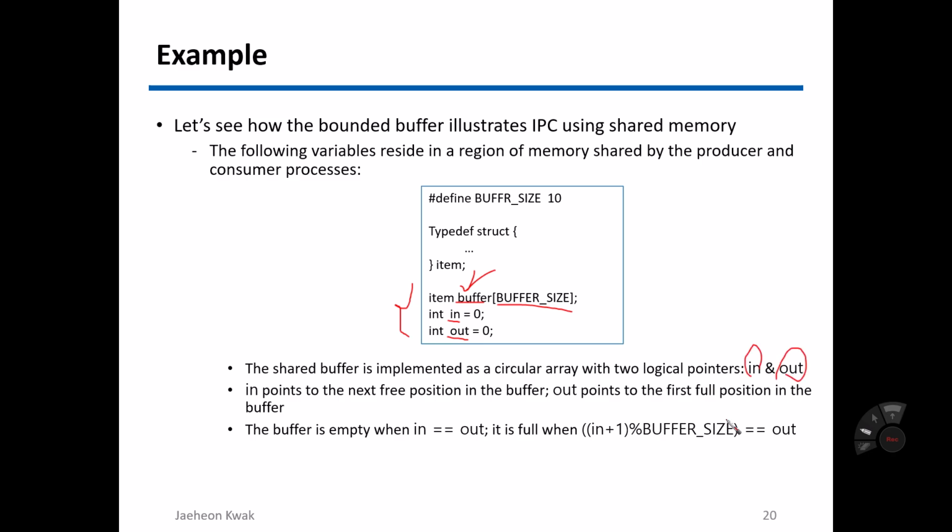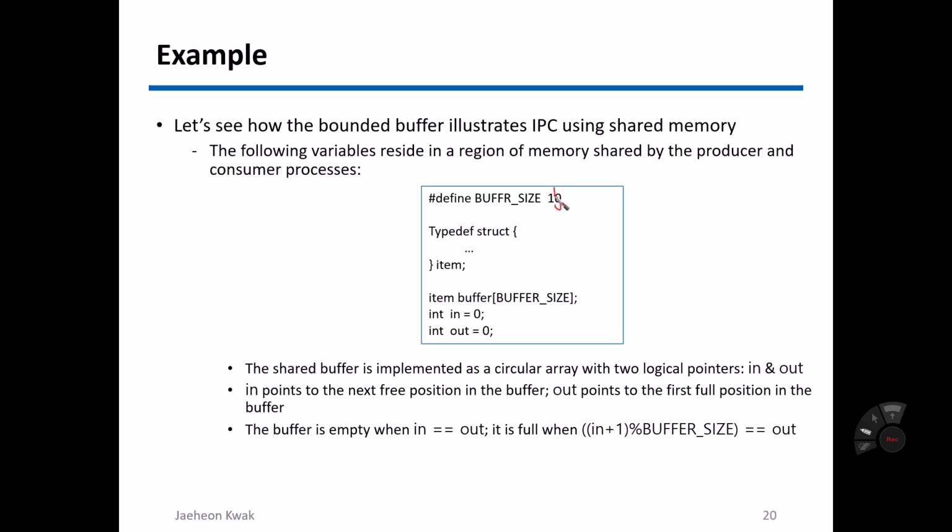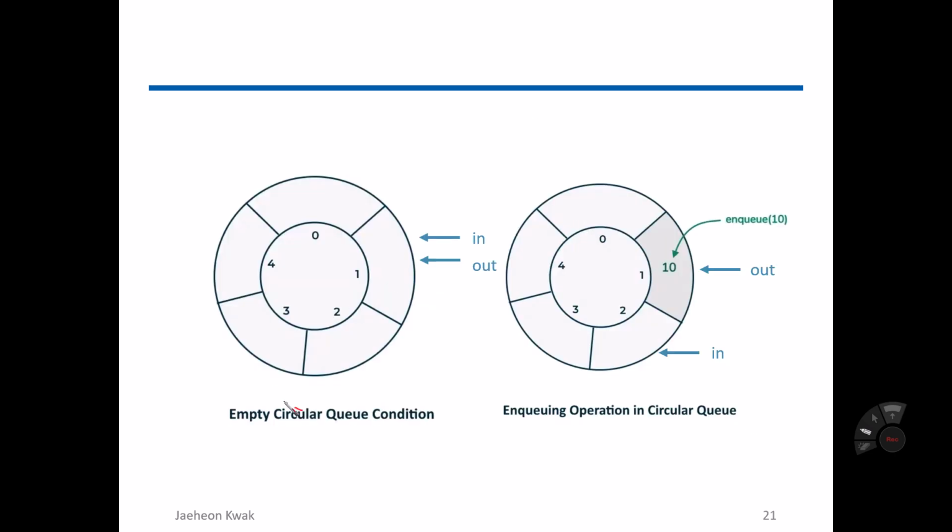I prepared an example. Let's say the buffer size is 5. Then we will have this kind of circular array.